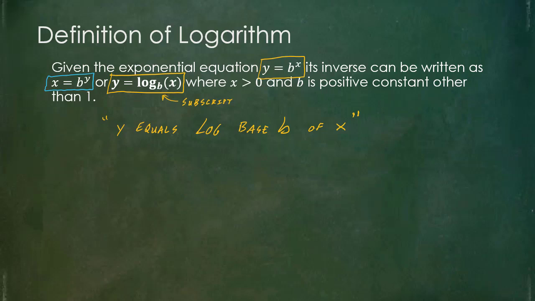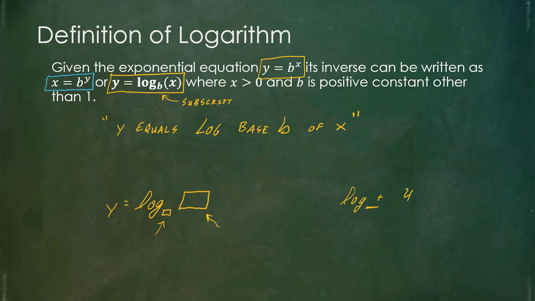So all logarithms have this fill in the blank of y equals log with some base underneath it and then some actual inside to the logarithm. So we need to know what our base is and what number is inside. It can never be empty. In other words, we can't do something like log plus 4.